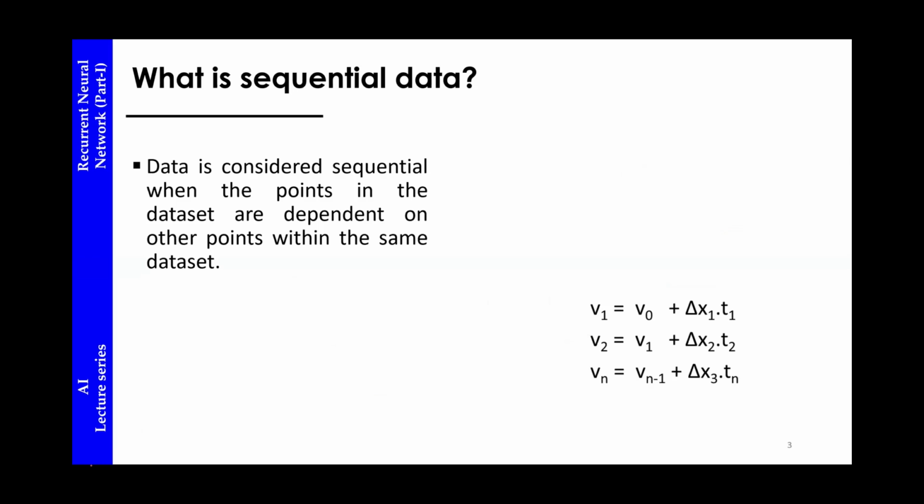As an example, we remember from physics that according to Newton's law, we can write velocity at time step 1 equals velocity at time step 0 plus delta x times t1. This equation shows that the value of velocity at time step 1 depends on the value of the velocity at time step 0.